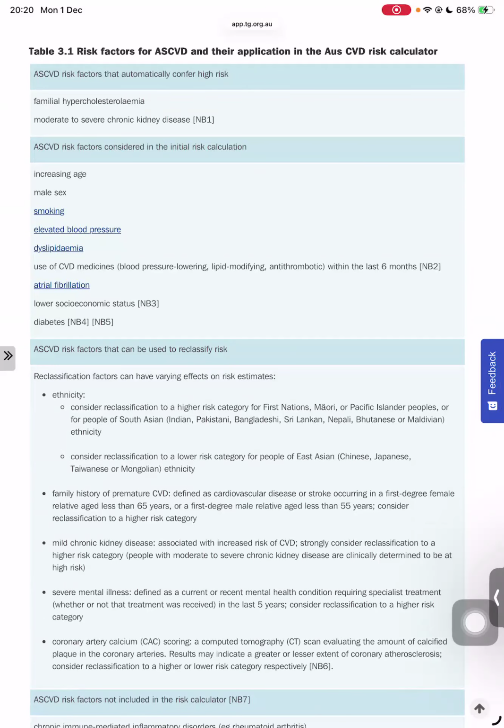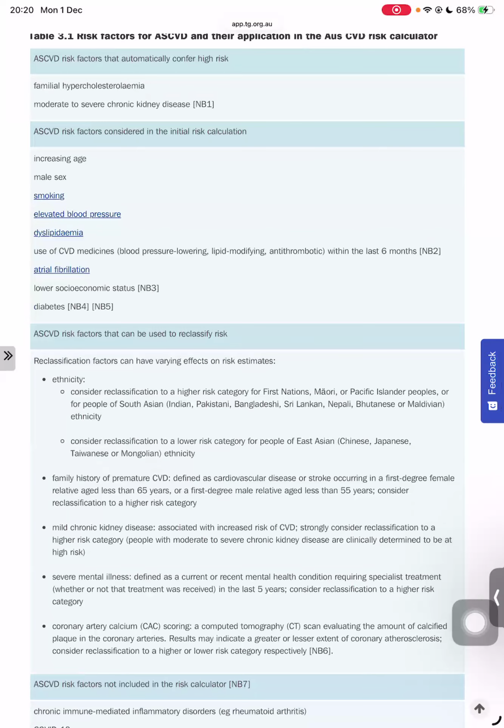Here, the risk factors that automatically confer high risk. You should remember these two points.